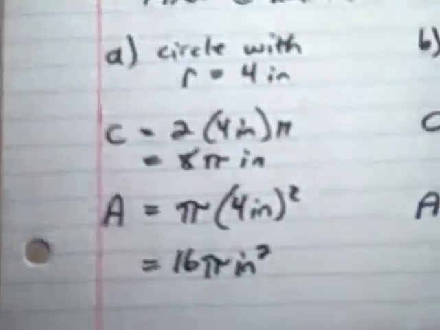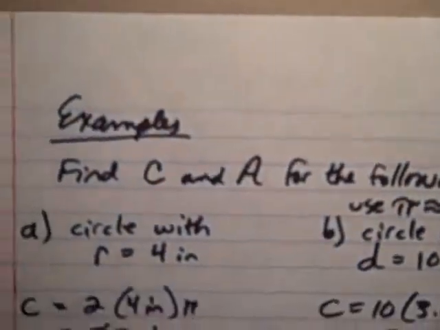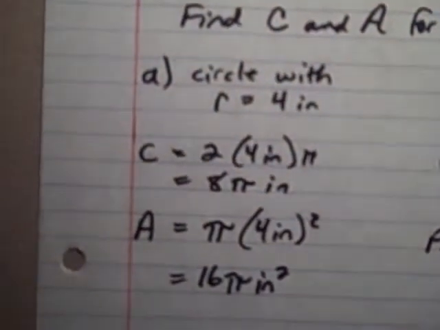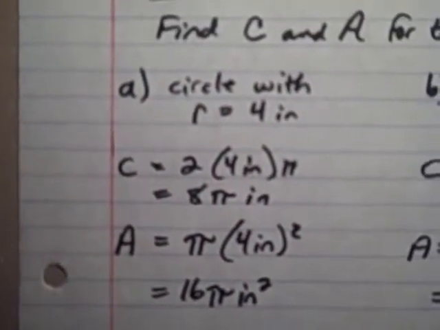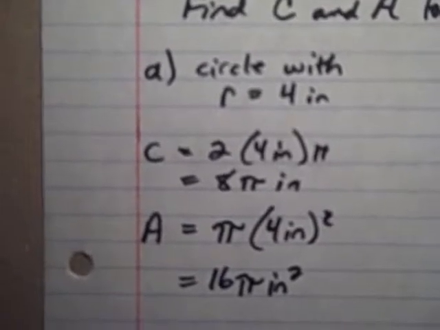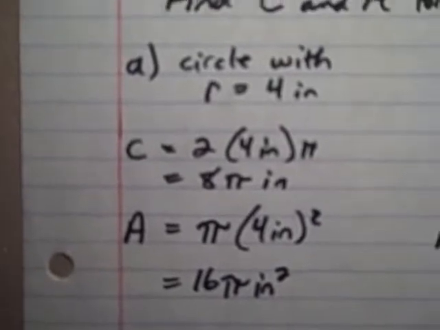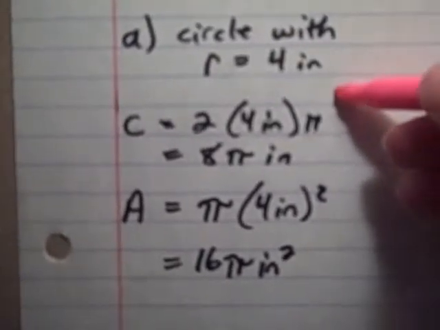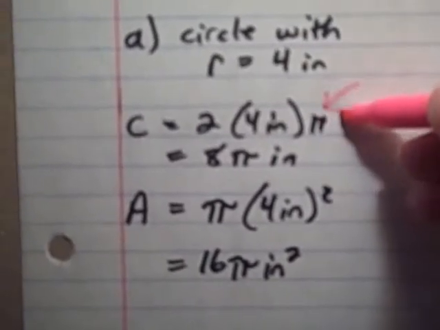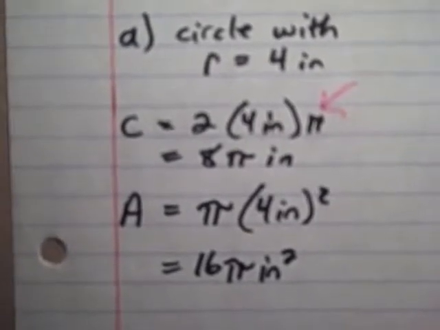Here are our examples. Find the circumference and area for the following. Let's look at this example first: a circle with a radius of 4 inches. Notice we're not told to substitute anything for pi, therefore we leave pi in the calculation. 2 times pi times r, and we leave pi in there, gives 8 pi inches.